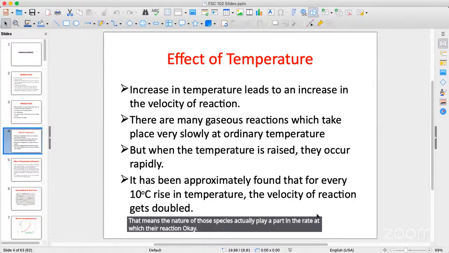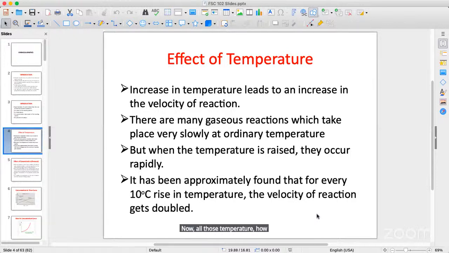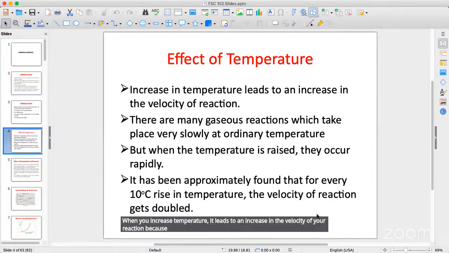Now, how does it affect the rate of reaction? When you increase temperature, it leads to an increase in the velocity of the reaction, because when you're talking about a reaction, it means you have varieties of molecules, or say you're reacting A and B. That means you have many molecules, or many particles, of A and B in your reaction medium.